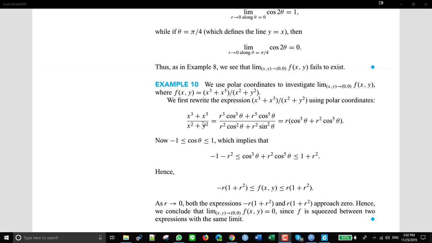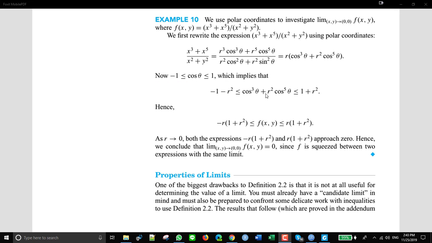So our function f is this thing times r. So our function is going to be bounded by r times these two expressions. So now we have a bound on our function, and we're asking as we approach (0, 0), which means as r goes to 0.